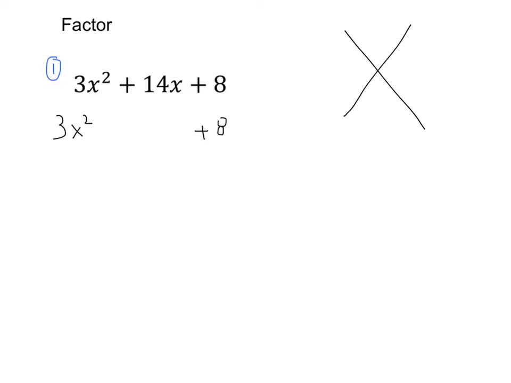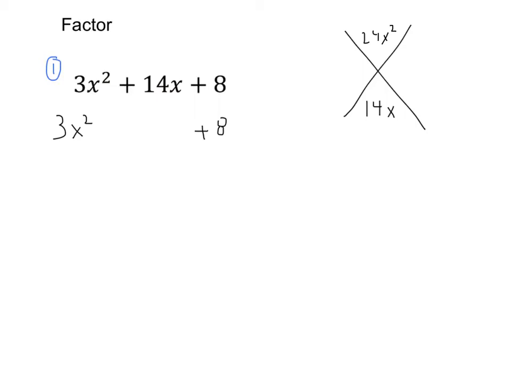Here's how this works. The middle term, 14x, goes on the bottom. What goes on the top is the product of 3x squared and 8. If you multiply 3x squared and 8, you get 24x squared. Now we're ready to do our magic x tool.